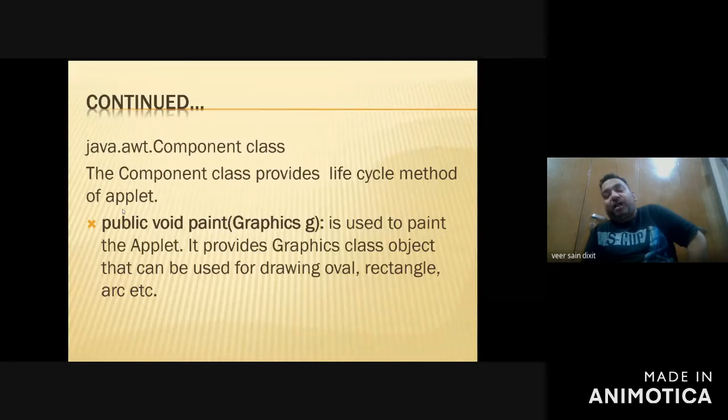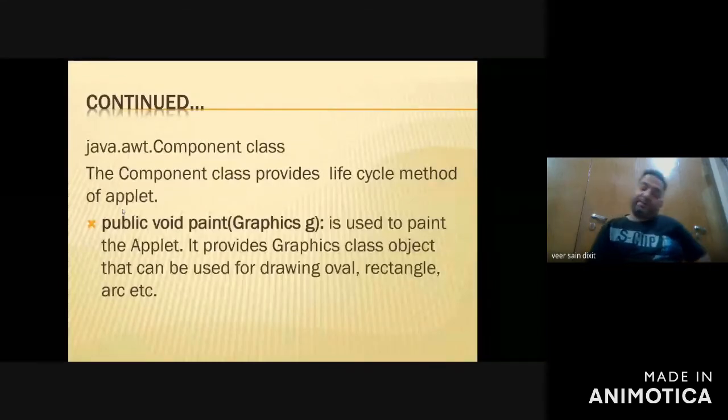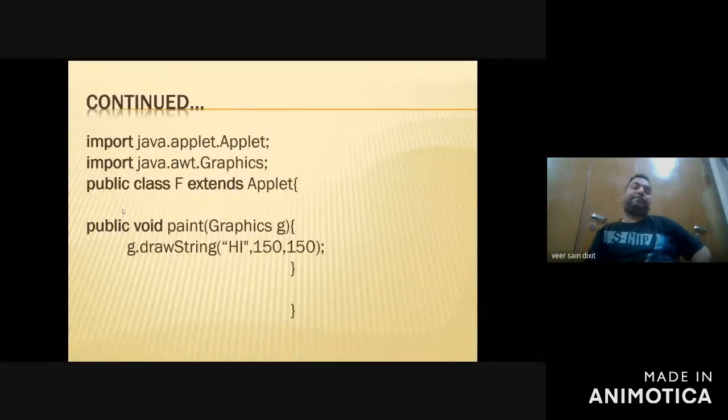If you are going to refresh it, then repaint will be called. And repaint method internally is basically same as a paint method, but it calls update method. Inside, update method will be called automatically, and your applet page will be refreshed. Now it's a very simple program.